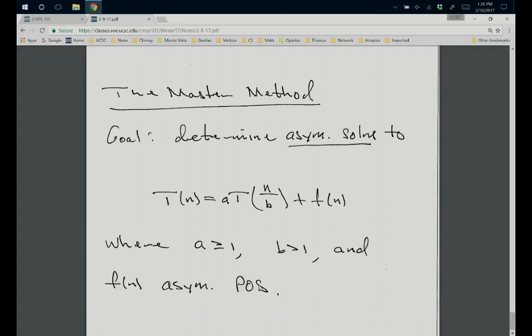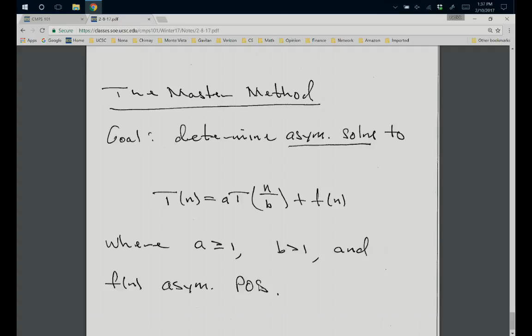The first thing I want to point out is that the conclusion in each of these three cases, the thing after the then, is a tight asymptotic bound on T of n. T of n is theta of something.